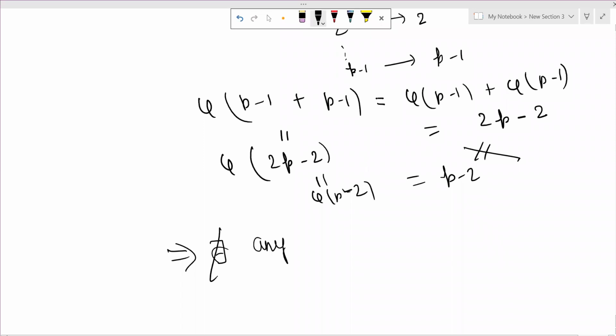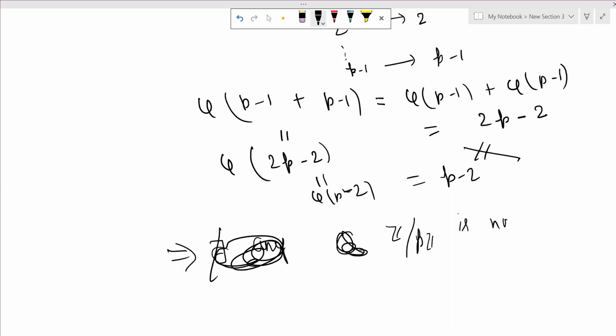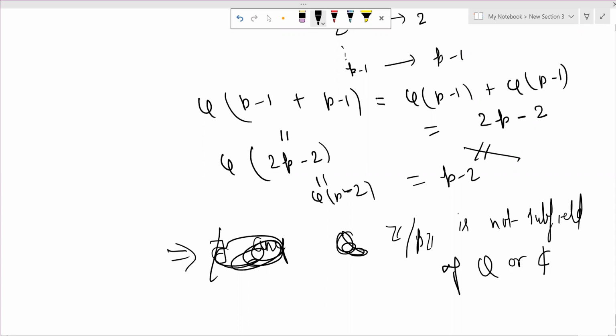This implies Z mod pZ is not a subfield of Q or C. Okay.